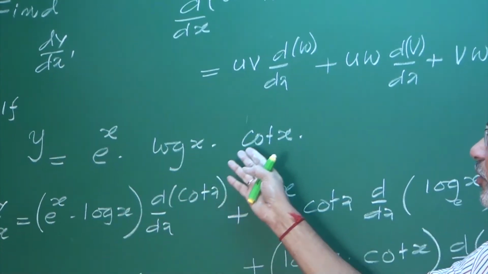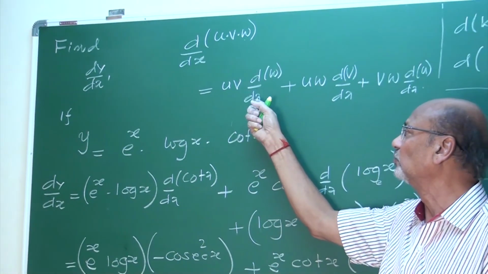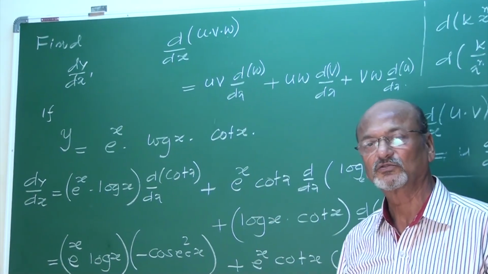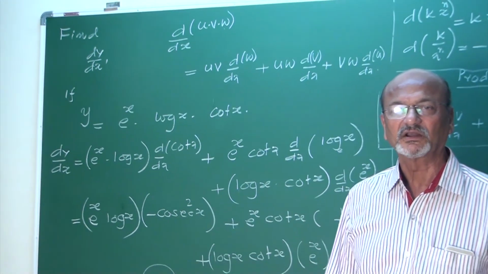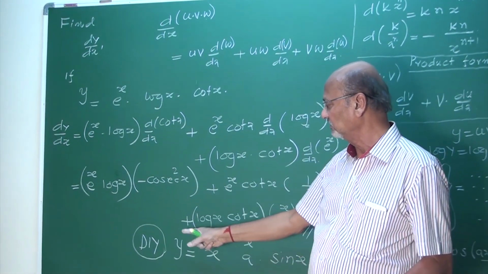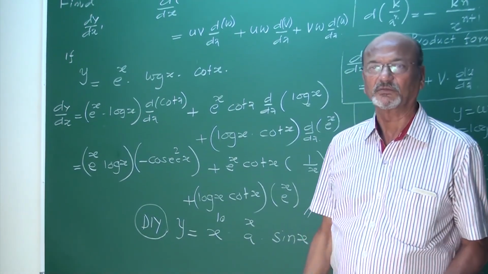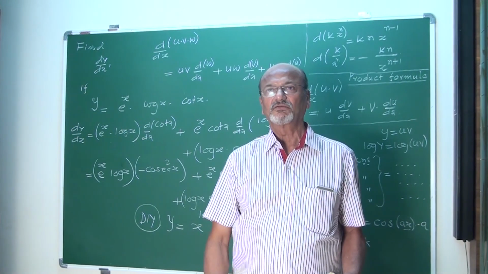In that case, the log becomes lengthy. In such case, this method becomes simple. You must know this method also. Because of that reason, this formula is just given, and one verification is done, another verification here. Yes, my friend. With this, enough with this video.